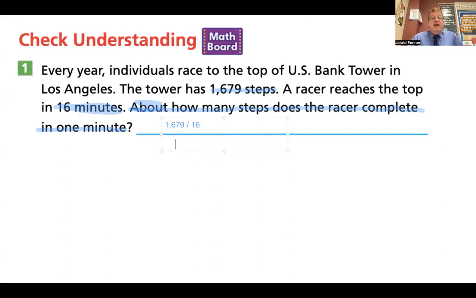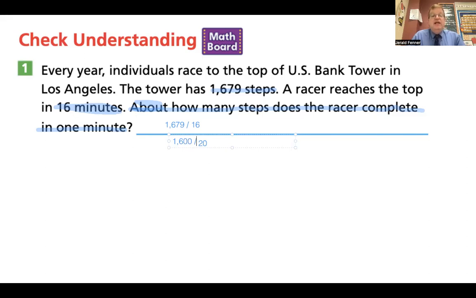So if I go out here to the 16, I would say the 16 is going to round to 20. If I look at my 20 and I look at my 16, which one would be closest? I'd say 16 would be closest. The only other one we could possibly use would be 18, and that's not close enough, so that's not even worth it. So I would say it's going to be 1,600.